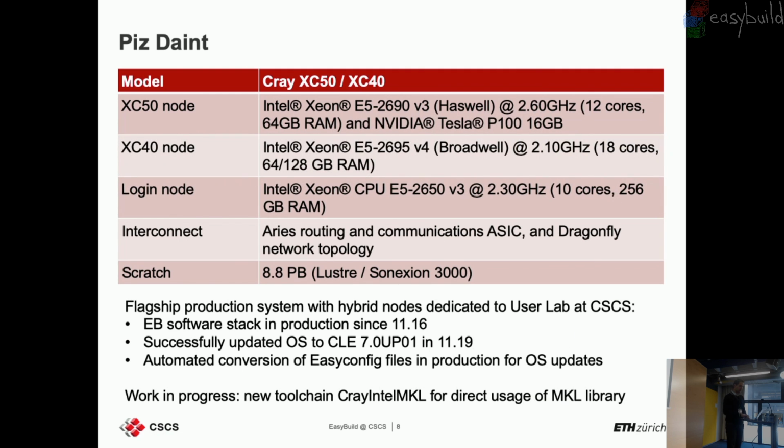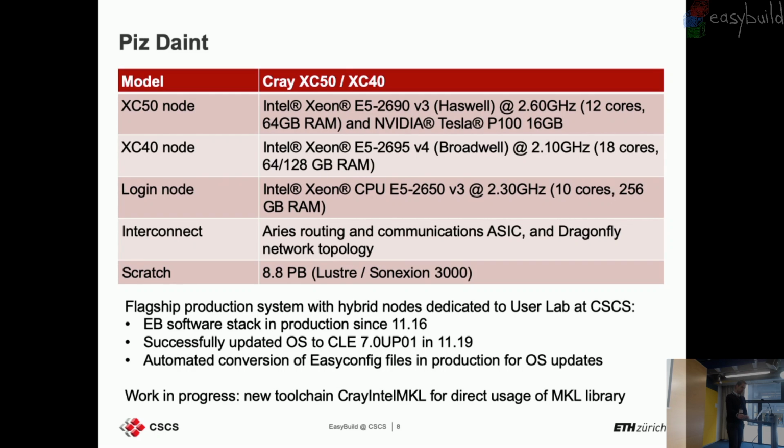So Piz Daint, the production system, is a hybrid system. Most of the nodes are hybrid, Cray XC50, and some 1,000 nodes are Cray XC40. So I already mentioned that the multi-core architecture features two Broadwell processors, and the hybrid architecture features a Haswell processor with a Pascal GPU, Tesla P100.